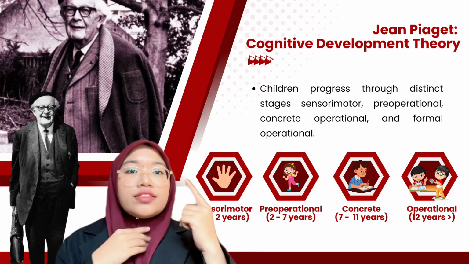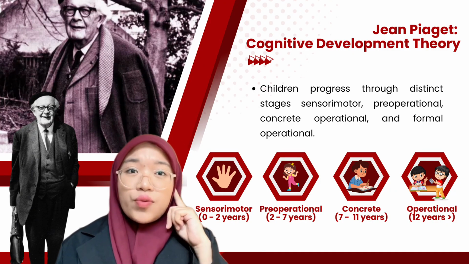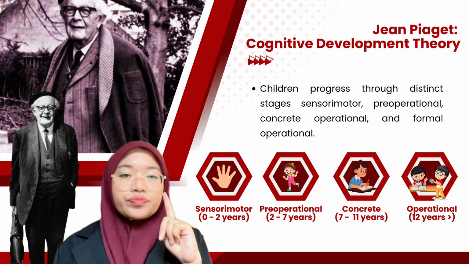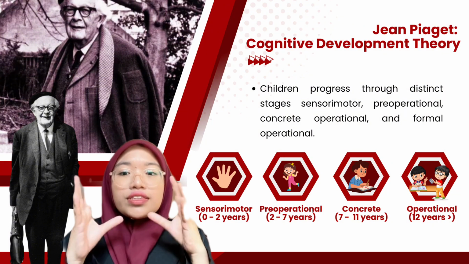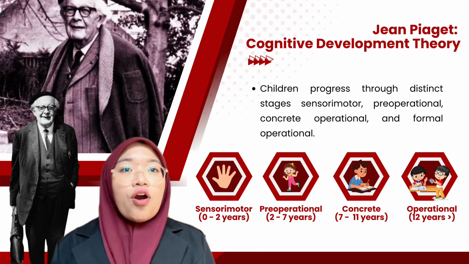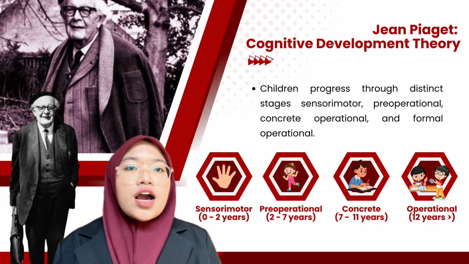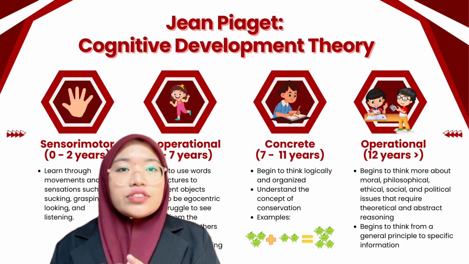When we study, we use our eyes and our ears, and at this concrete level, they will touch and they will see. So that makes it easier to understand what they learn. And the last one is the formal operational stage, from the age of 12 years old.